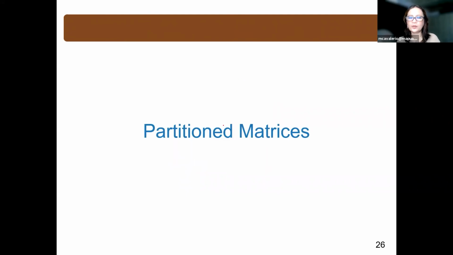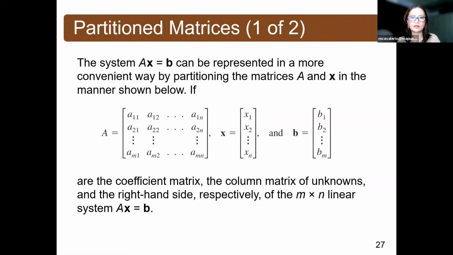Now, what about partitioned matrices? How does this apply to our system of equations? Recall that the matrix equation AX equals B can be represented in a more convenient way by partitioning the matrices A and X in the manner shown below.